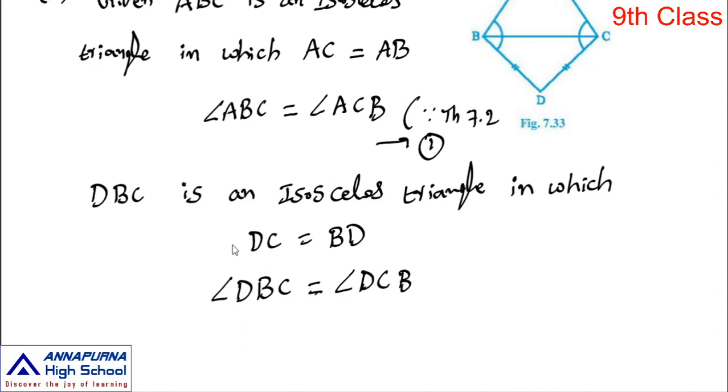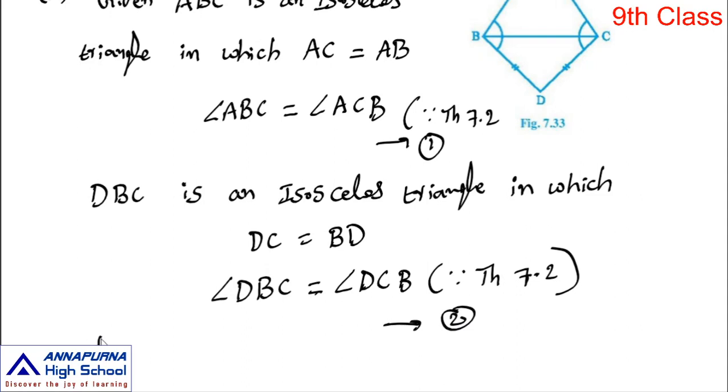DC is equal to BD, so angle DBC is equal to angle DCB by using theorem 7.2. This is equation 2.